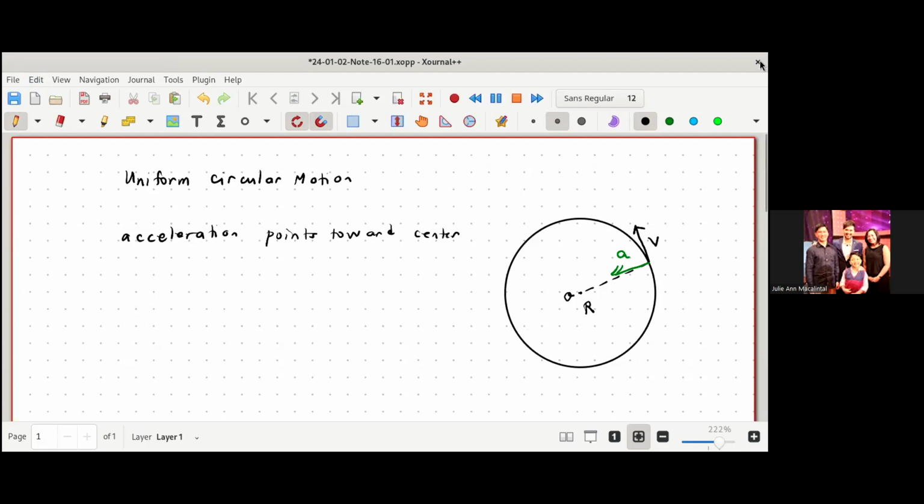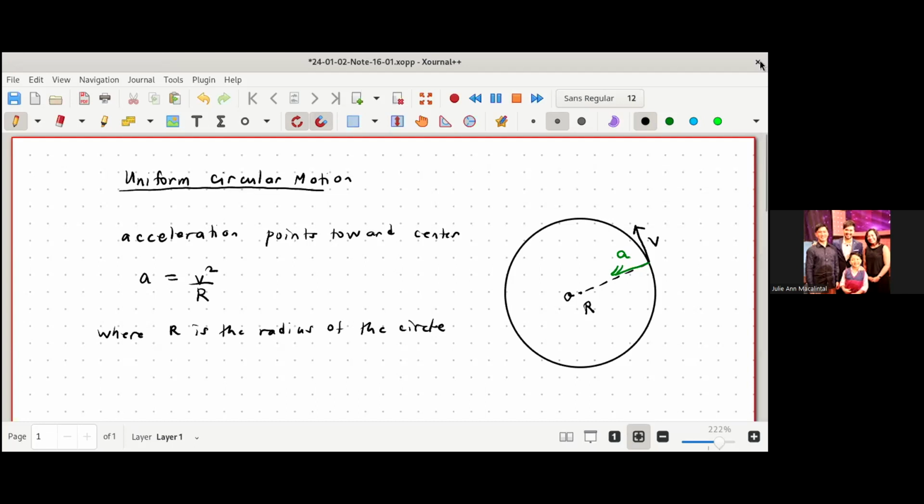So, to maintain uniform circular motion, the acceleration must be pointed toward the center, and the acceleration must be related to the speed by a equals v squared over r, where r is the radius of the circle.